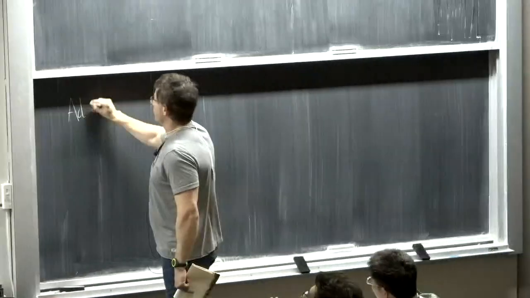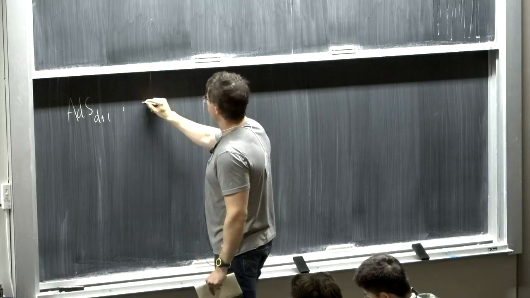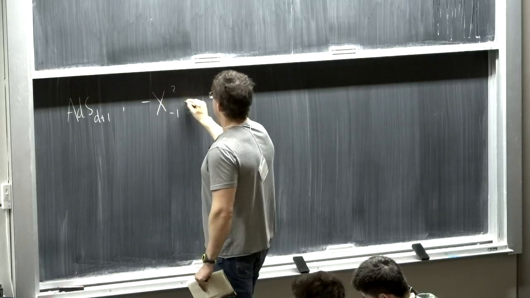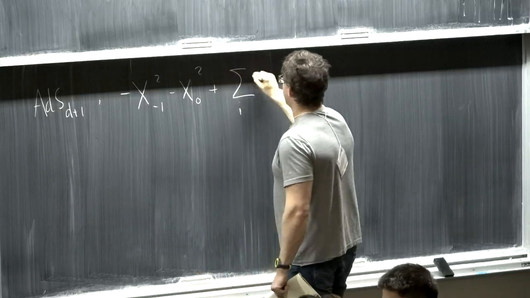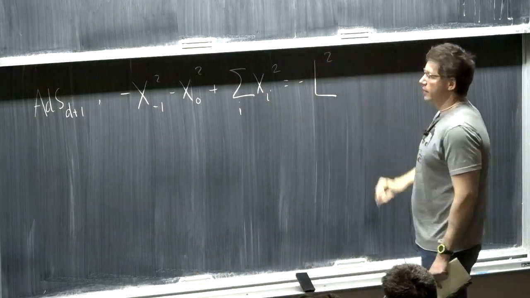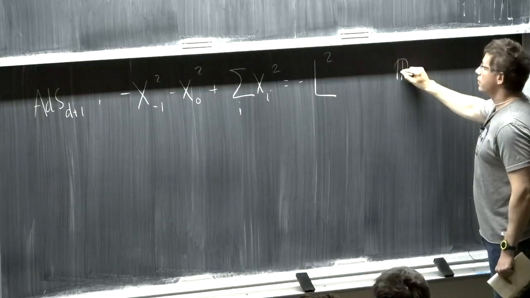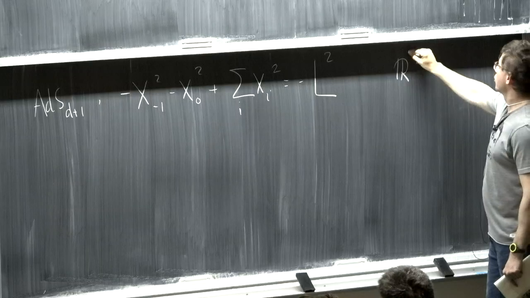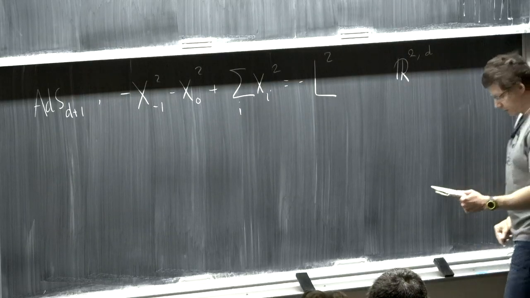So what is AdS d+1? I assume you'll see it in other lectures. But it's defined as a hyperboloid obeying this constraint. And L is the radius of AdS. It's just a hyperboloid embedded in R^{2,d}.